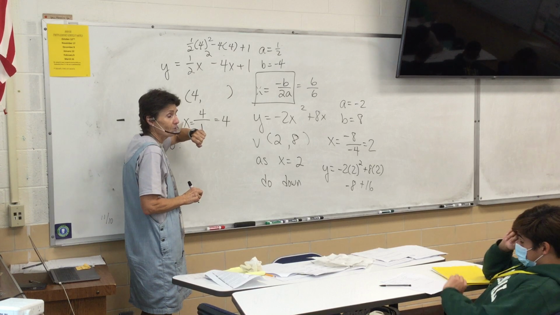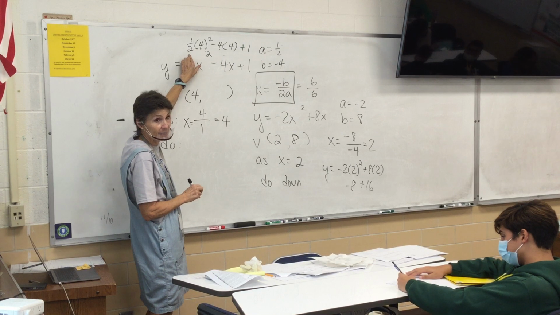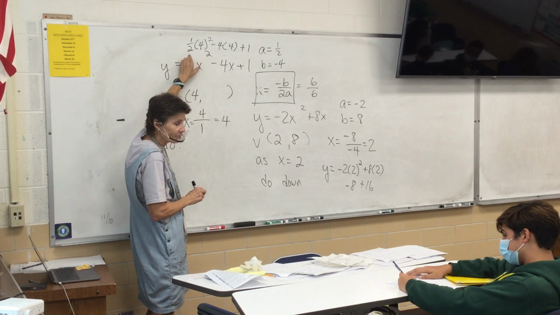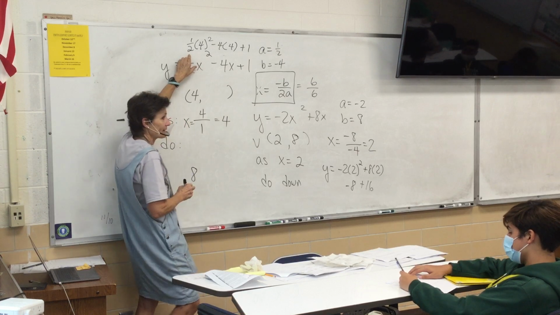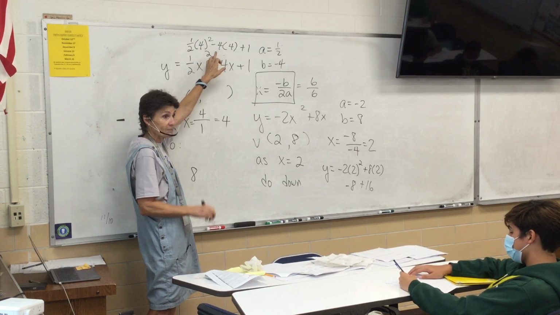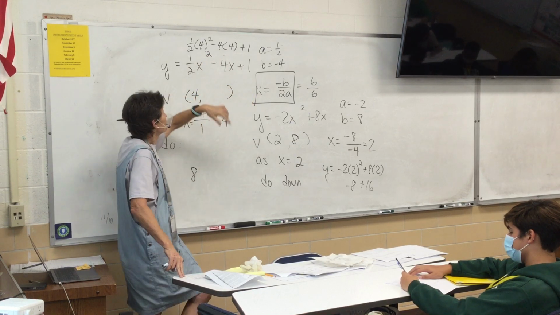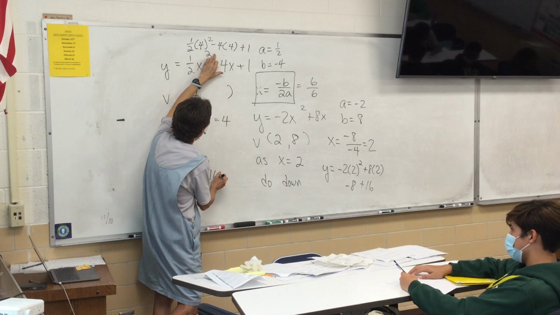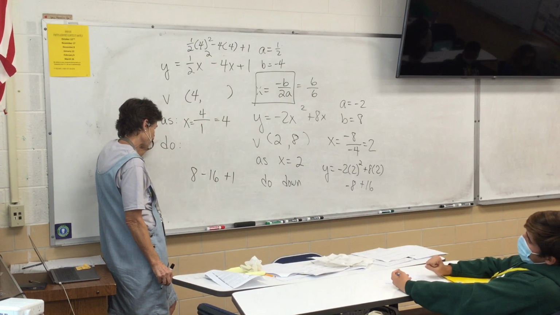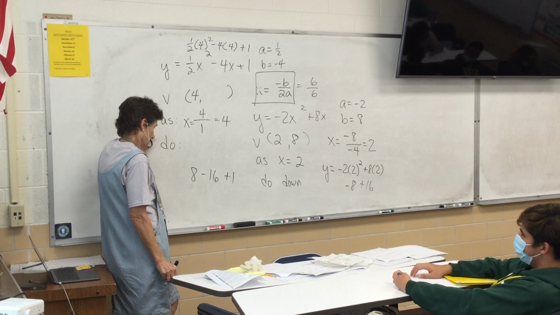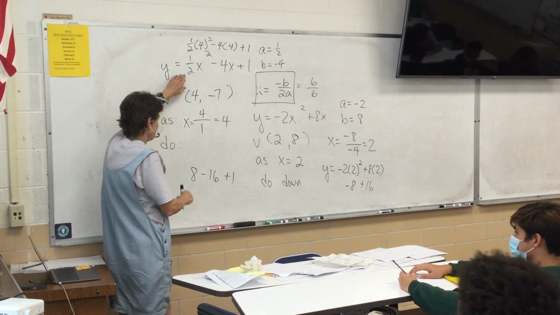Wait, no. 4 squared is 16, but half of 16 is 8. So it took us a minute, but we got that figured out. 4 squared is 16, and half of 16 is 8, minus 16 plus 1. What does that end up equaling? -7. Which way is it open?